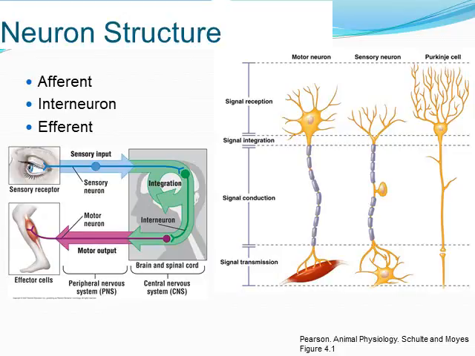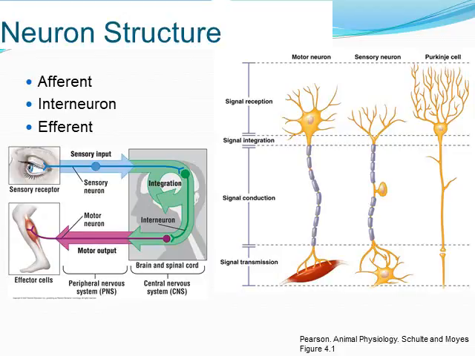And so you have these sensory neurons that are bringing information about the environment, internal or external, to the brain and spinal cord, or the central nervous system. And we call the neurons in there the interneurons. Now, we will look in a moment at the complexity of synapses between neurons and how you can have lots of cells synapsing on one cell. So, of course, this is a very, very simplified version of what's occurring.